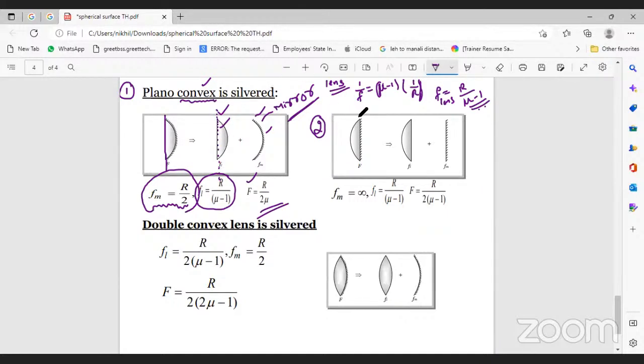So instead of getting a curved mirror, what type of mirror will you get? A plane mirror, you will get.